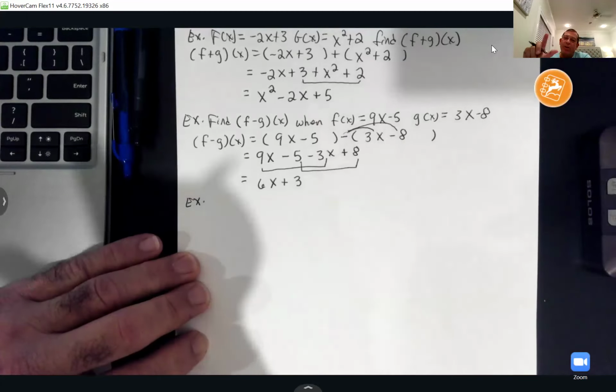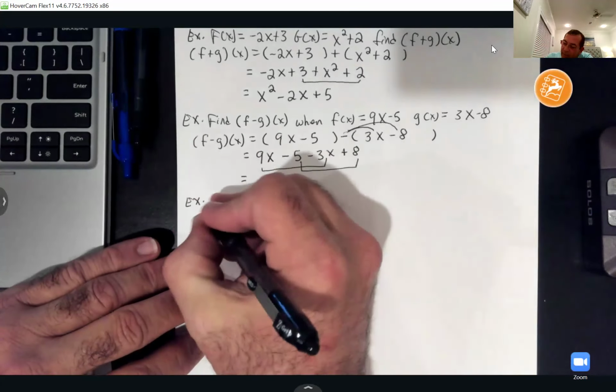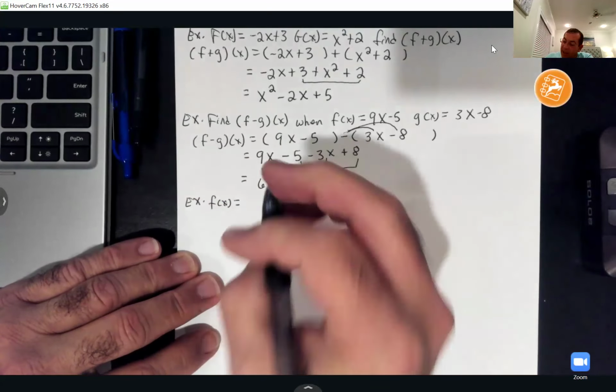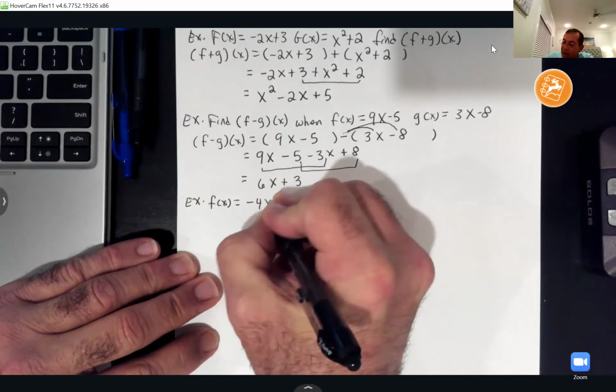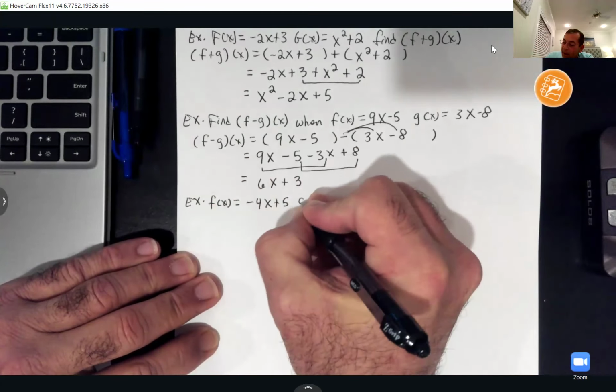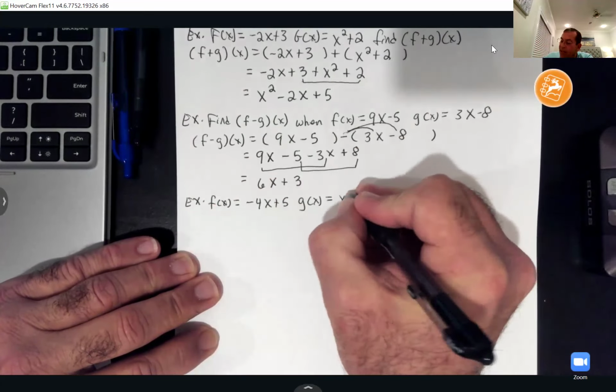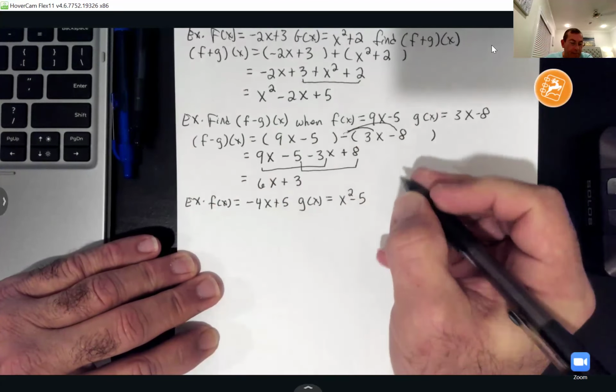So I'm even going to turn a twist on this one and see what y'all do. F of x on this one is a negative 4x plus 5. G of x is going to equal x squared minus 5.